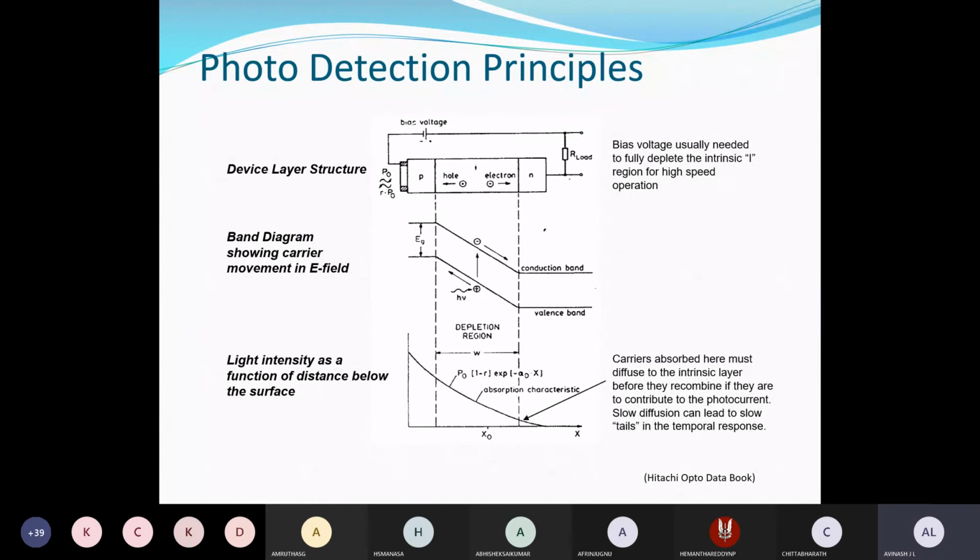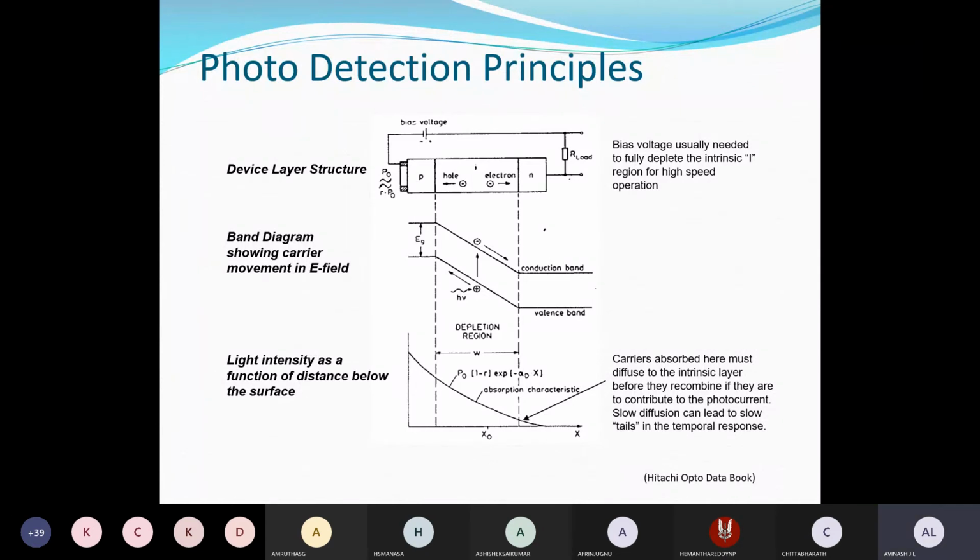In the third diagram, you can see the light intensity as a function of distance below the surface. The depletion region, as you all know, is the region present between the P and N type semiconductors.